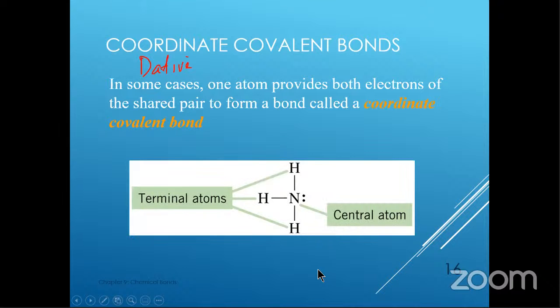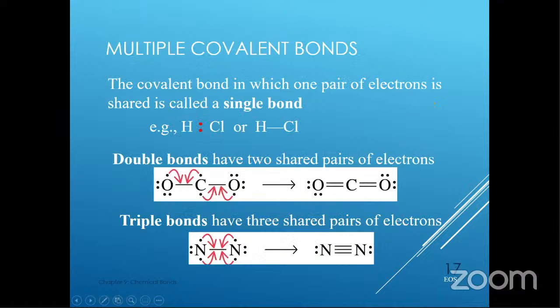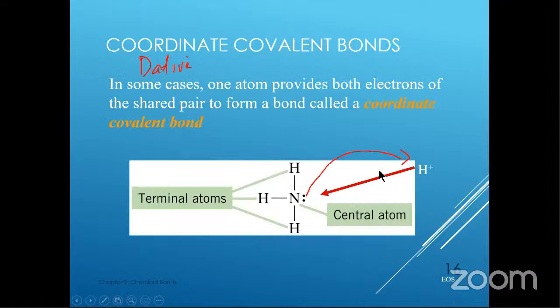So an example of this would be when ammonia, which is this molecule, is bonded to H+. What happens is that this pair of electrons here will be donated to the hydrogen ion, and the result would be the formation of this particular ion, N, H, H, H, H, with a plus charge, all right?